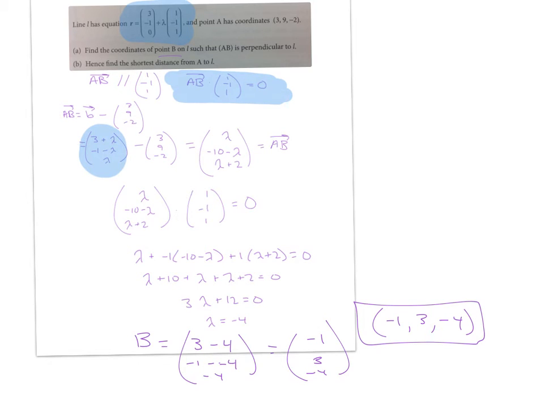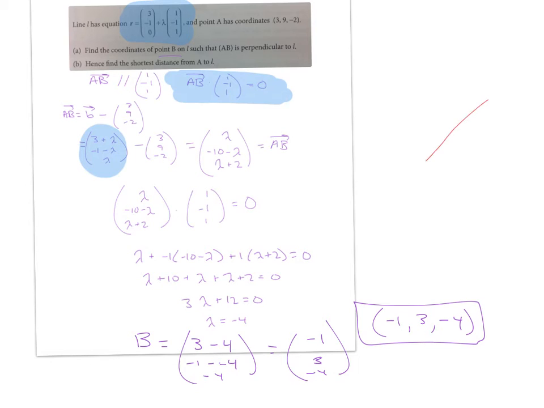Part B of the question says, hence find the shortest distance from A to L. Now, they used the word hence, which means that we are definitely going to use what we just did for part A to help us with part B. We know that the shortest distance, let's say we have a line that looks like this.